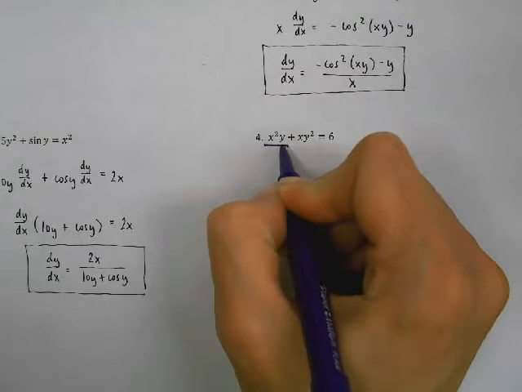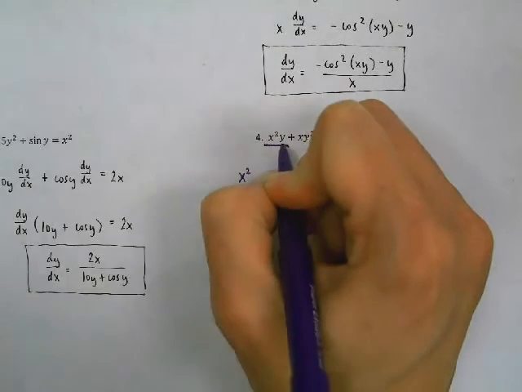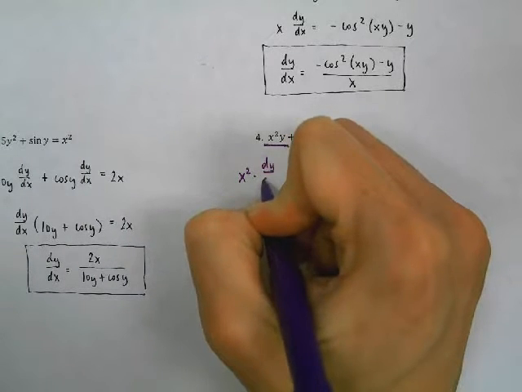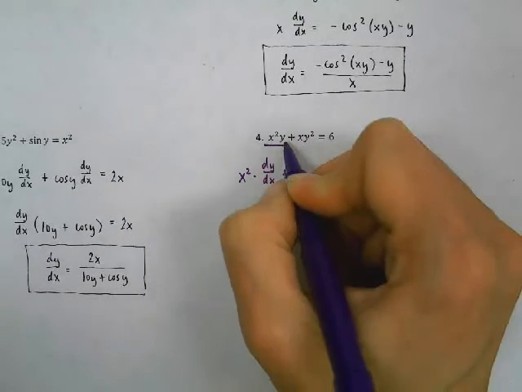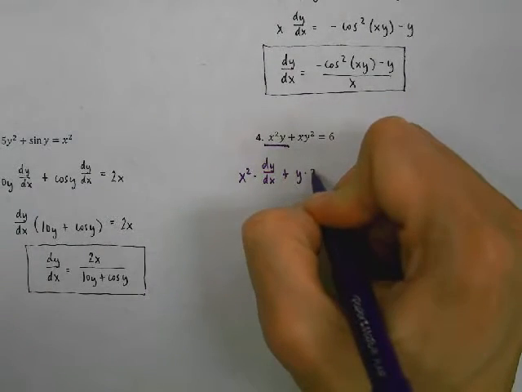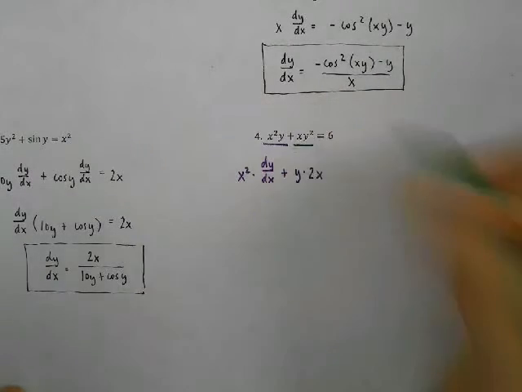So I'm going to do product rule on my first term. So I have x squared times the derivative of y, which is going to give us a dy/dx, plus y times the derivative of x squared, which is 2x. Then I'm going to take my second term.